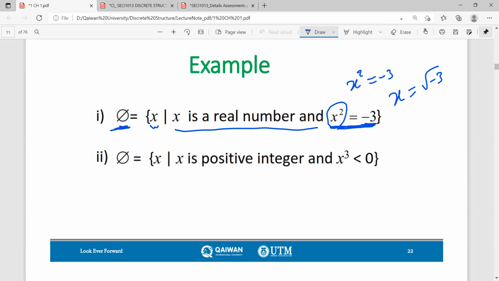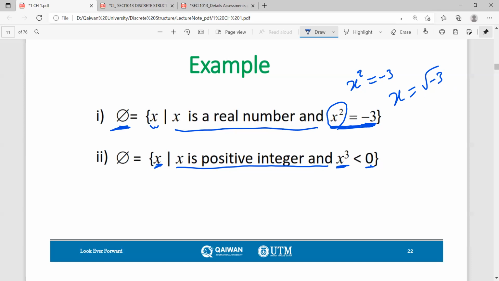And also, we say the set of x, where x is a positive integer and its cube is less than 0. We have no number in the positive integer numbers that if we cube it, it is less than 0, because the cube of all positive integers is positive.